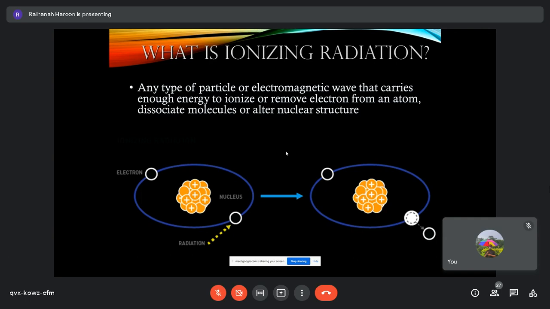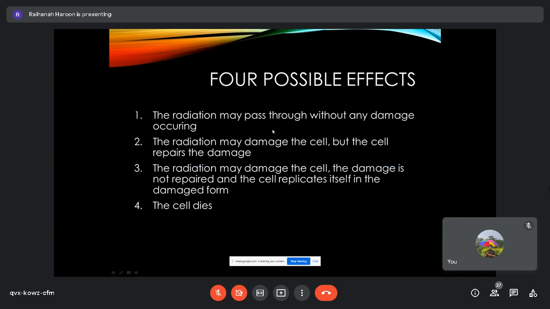So you can relate back that one of the long-term effects of radiation, if it is used unnecessarily and not judiciously, will be these. Even for a pregnant lady, what are the effects on the growing fetus? These are the effects that can occur because of the ionizing property. So, possible effects: one, it may pass through and not damage.